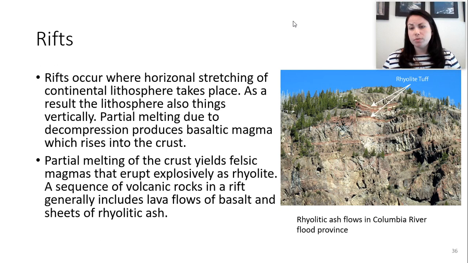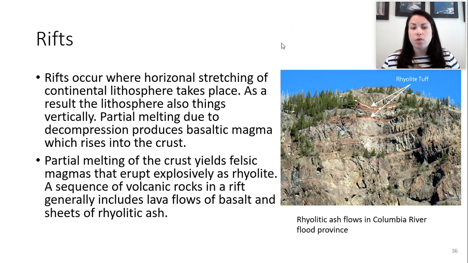Okay, what about rift zones? So rifts occur where there's horizontal stretching of continental lithosphere. As a result, the lithosphere is moved vertically. So partial melting due to decompression produces basaltic magma, which rises into the crust. And partial melting in the crust yields more of these felsic, lighter colored magmas, and they can erupt explosively as rhyolite.